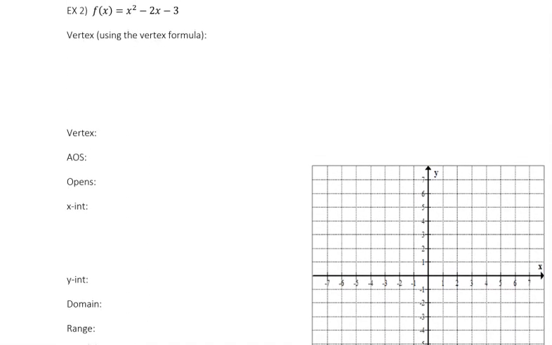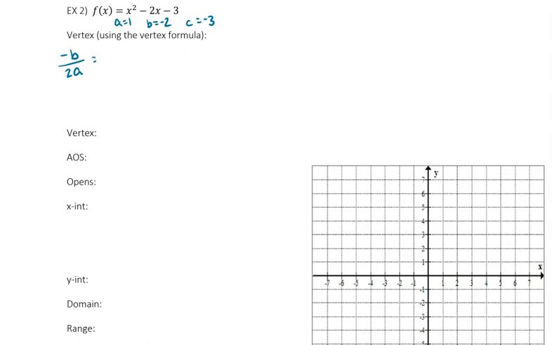All right, so let's try one like that. So first off, the vertex. So it's negative b over 2a. And remember, this is just a is 1, b is negative 2, c is negative 3. It's just the numbers without the x.